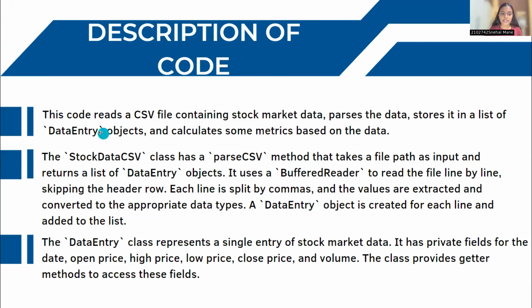I have created the DataEntry object, and it will store the parsed data in that. It will calculate the data and the metrics there. And here it has the StockDataCSV class that has a parseCSV method, which takes the file path as input and returns the list of DataEntry objects.